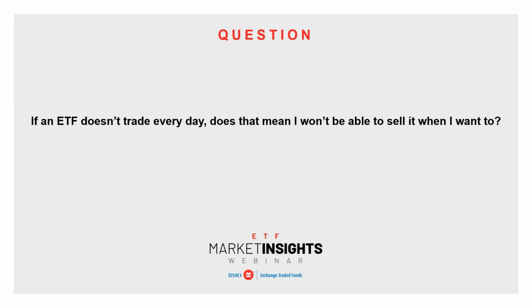As always, the liquidity of an ETF is going to derive from that underlying liquidity. So let's say we're talking about an S&P 500 .U ETF. As long as the US market is open and there's liquidity in the market, even if that specific ETF hasn't traded, you'll still be able to find a very robust bid and ask to go in and transact on that ETF.